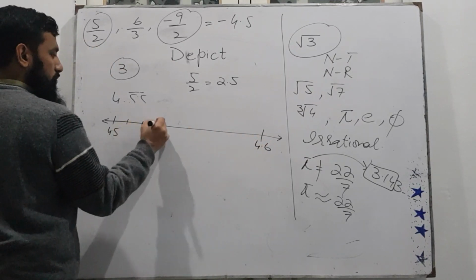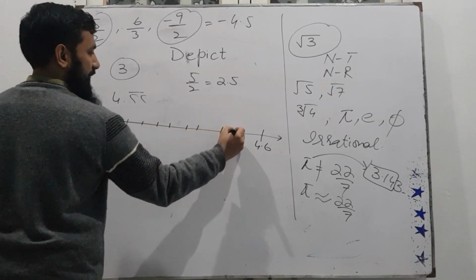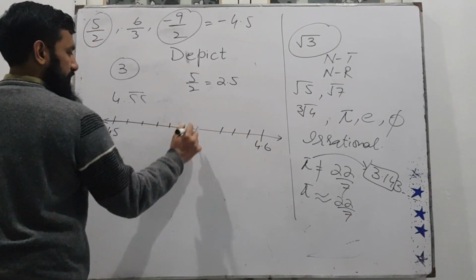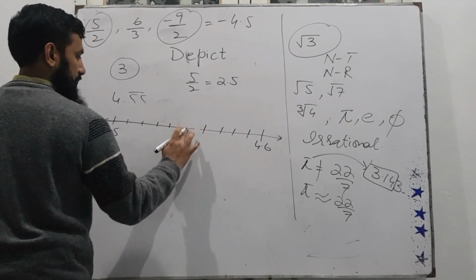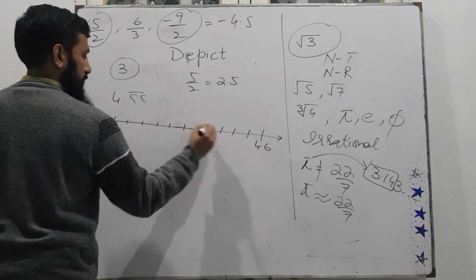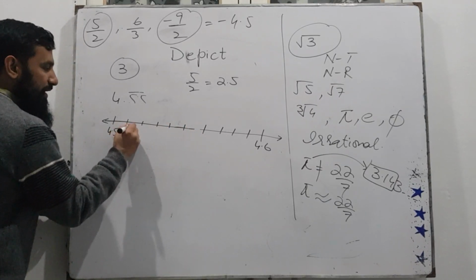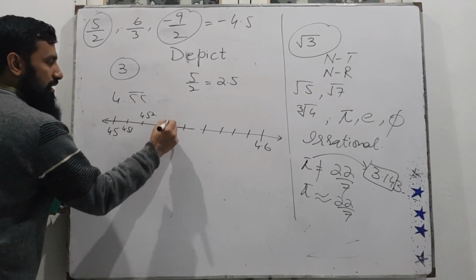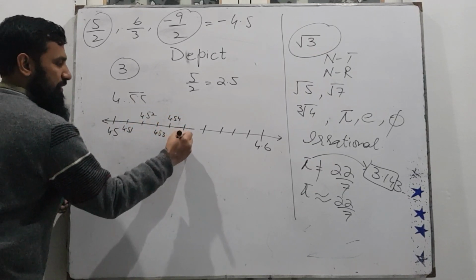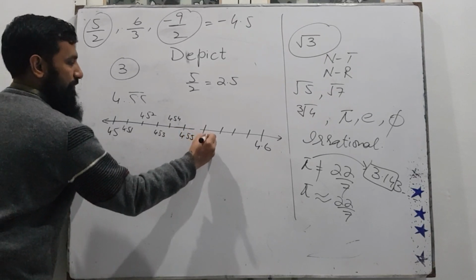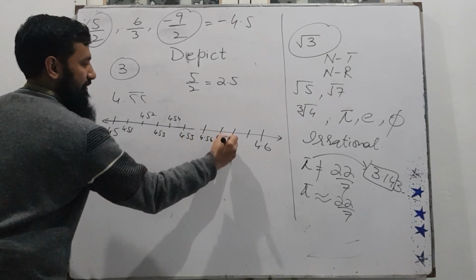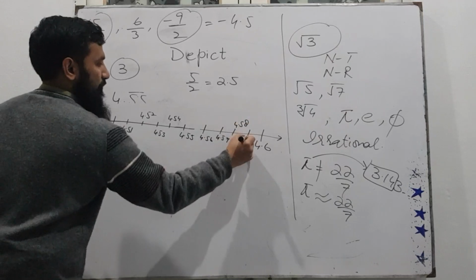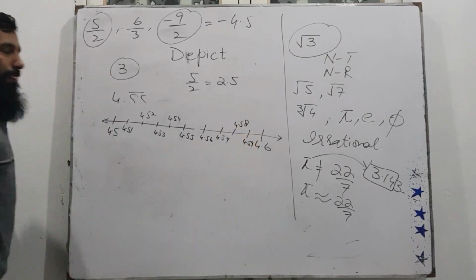So 1, 2, 3, 4, 5, 6, 7, 8, 9. It means this is 4.51, this is 4.52, this is 4.53, this is 4.54. This is 4.55, 4.56, 4.57, 4.58, 4.59.